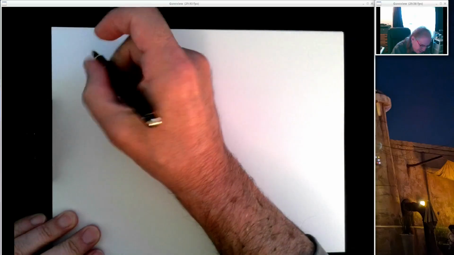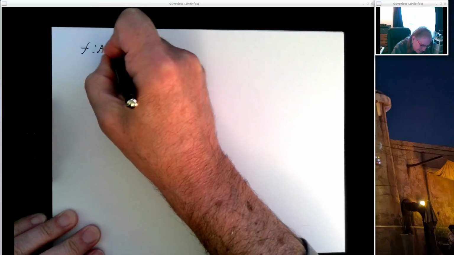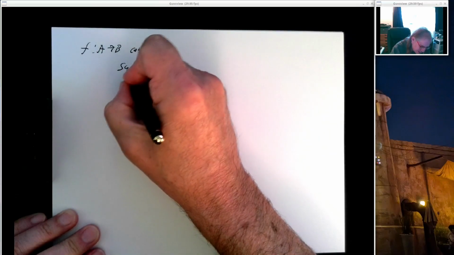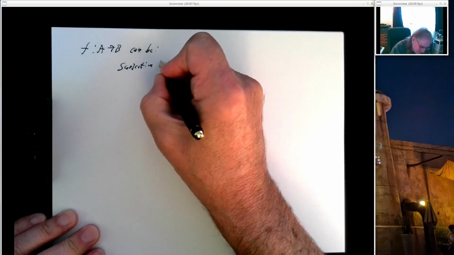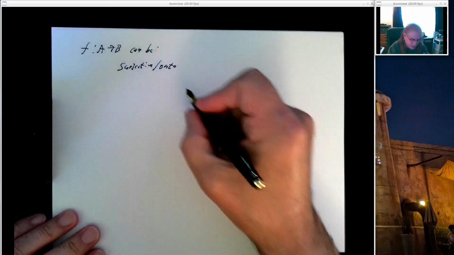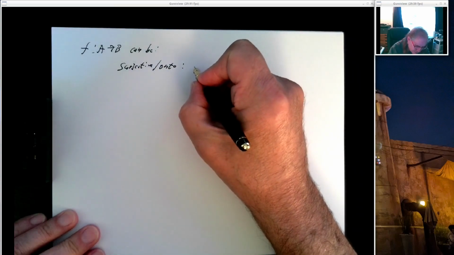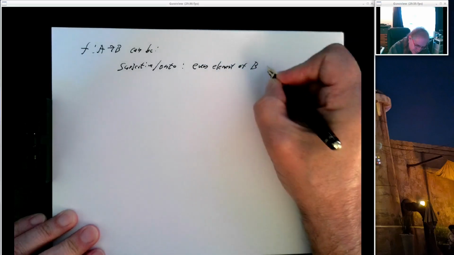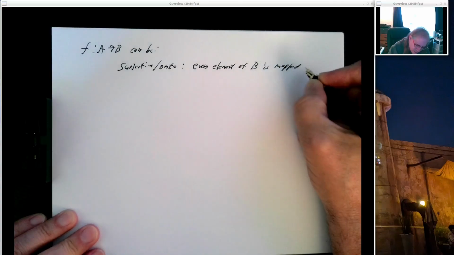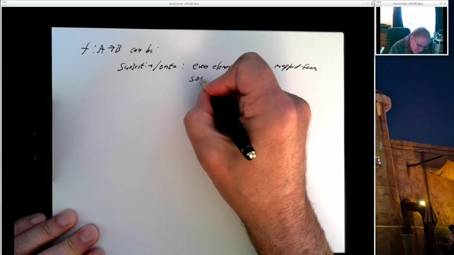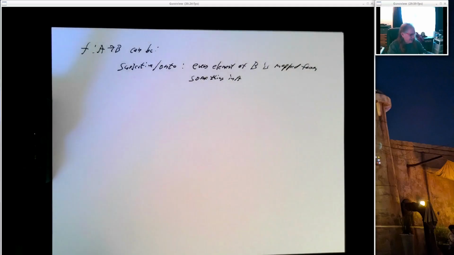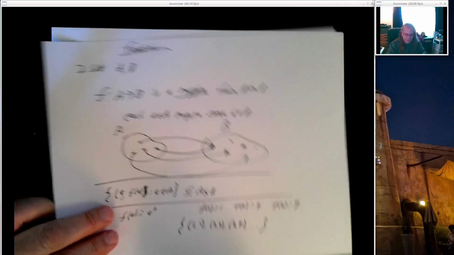And then there's things we can say about the nature of a function. f from A to B can be surjective, or sometimes we use the term onto, which means every element of B is mapped from something in A. So f is surjective if everything over here has something going to it.